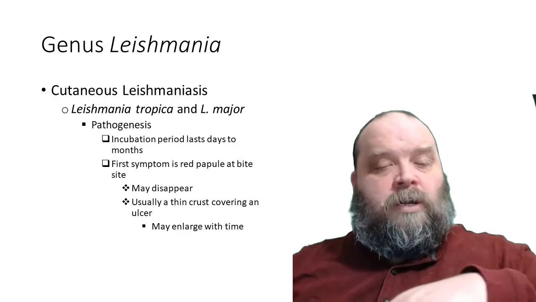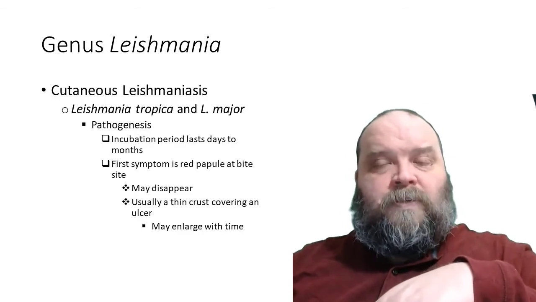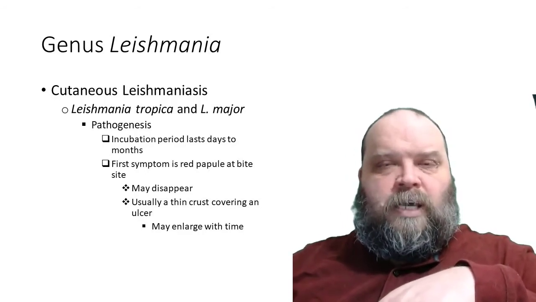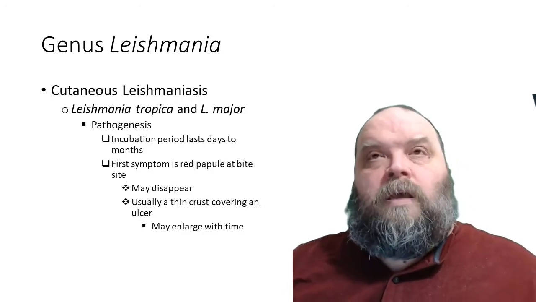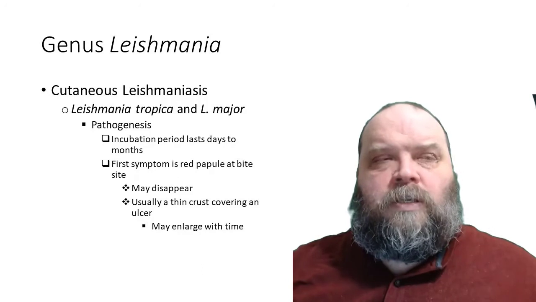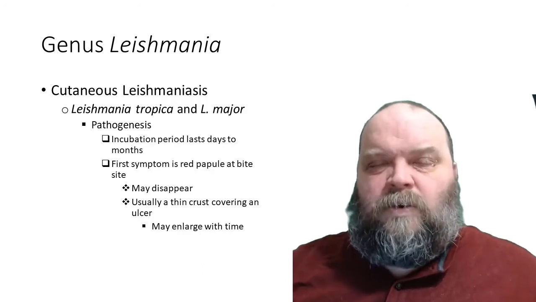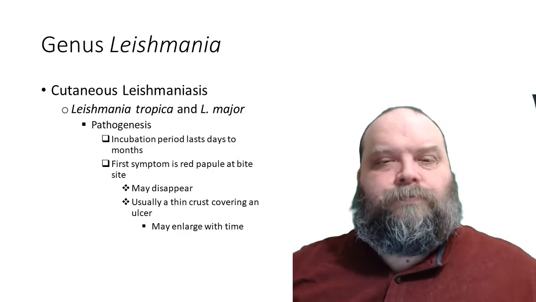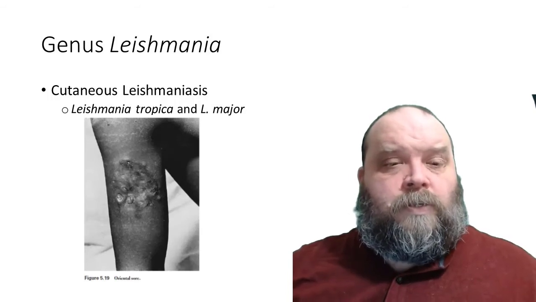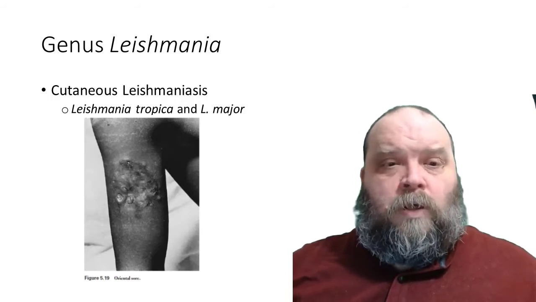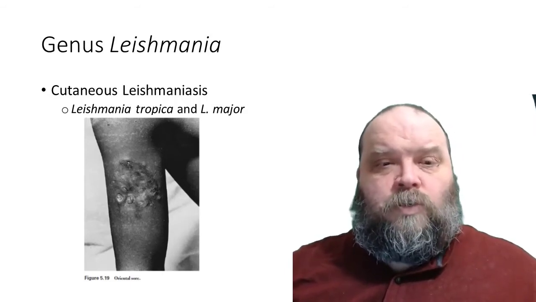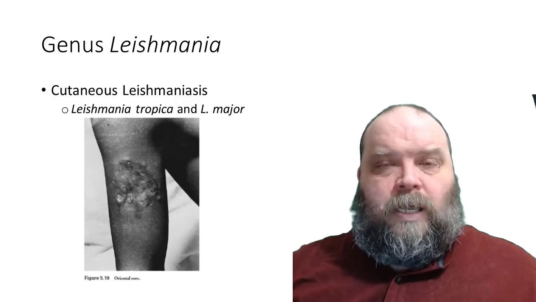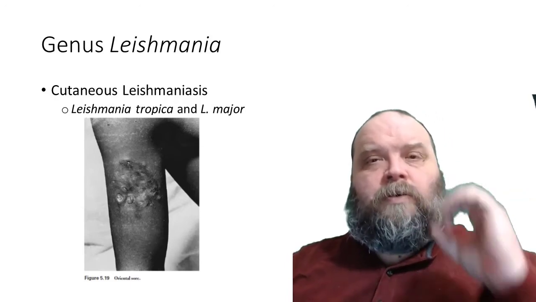What started off as maybe half a centimeter, a quarter of an inch in diameter, can become, for some people, an ulceration about the diameter of an American quarter. Here you can see a few ulcers from tropica or major that have fused into one big one, and it will just keep getting bigger and bigger.